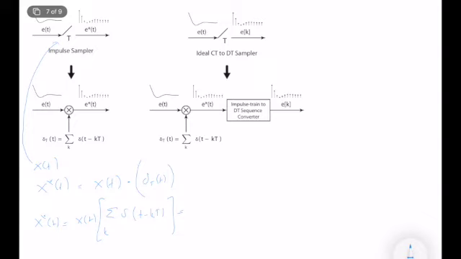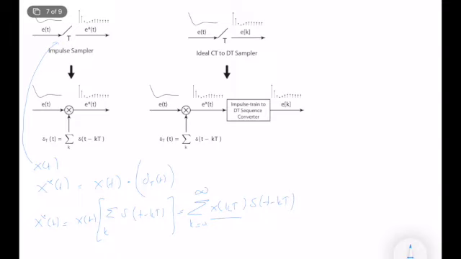If I do that, what I obtain is the sum from k equal 0 to infinity of x of kT times delta t minus kT. So this is good, x of kT.